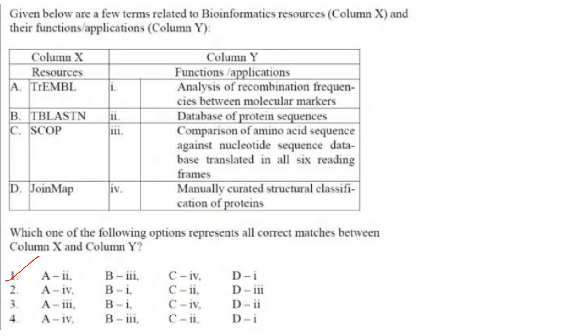TBLASTN is comparison of an amino acid sequence against a nucleotide sequence database translated in all 6 reading frames. SCOP is a manually curated structural classification of proteins. JoinMap is analysis of recombination frequencies between molecular markers. So the answer here is option 1: A2, B3, C4 and D1.